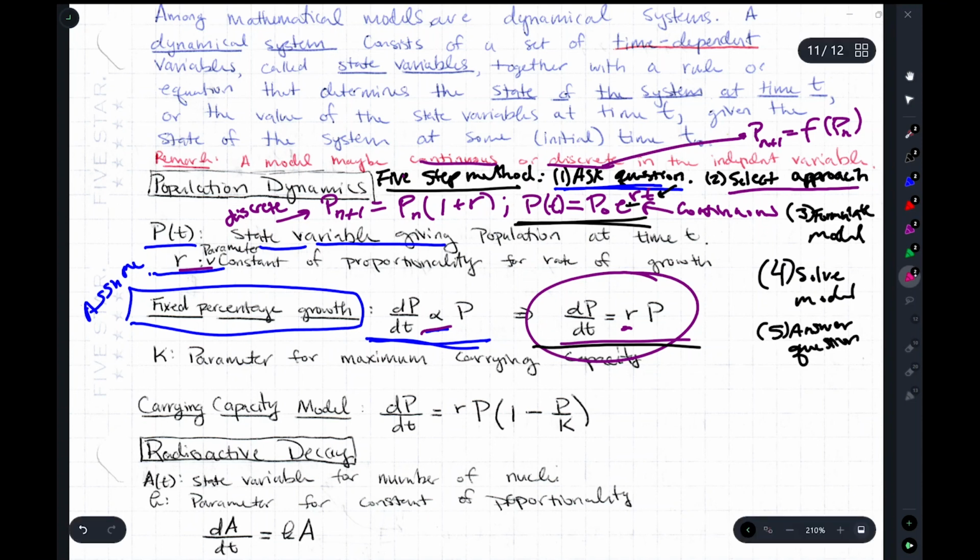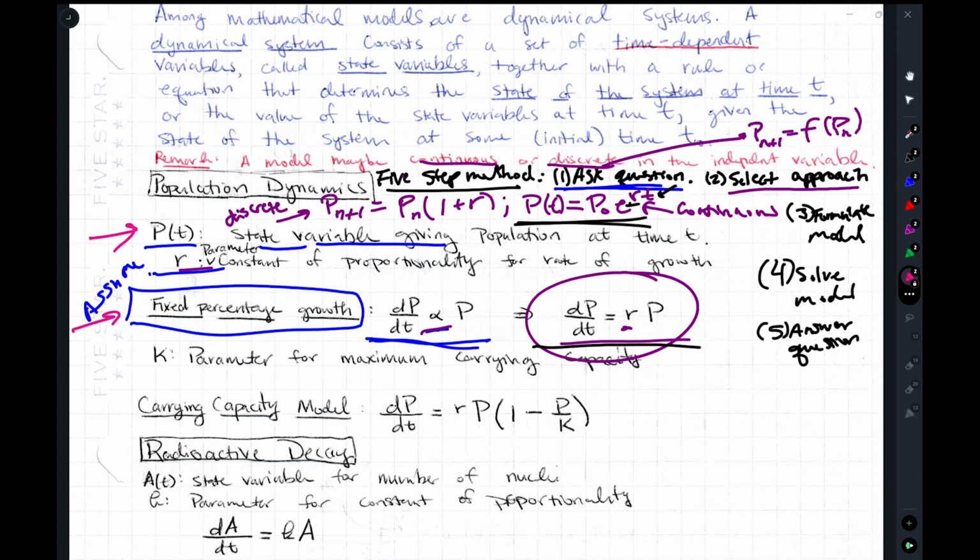And so we could start with exponential growth or fixed percentage growth, and we could check how our model behaves after some characteristic time. Now, if you notice, R has units of 1 over time. You can check that because the left-hand side here has units of number over time, and population is just number.